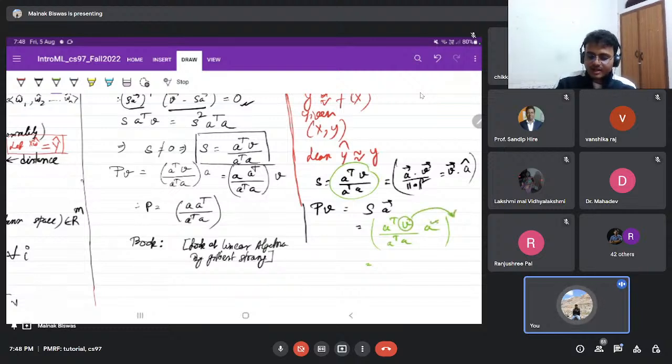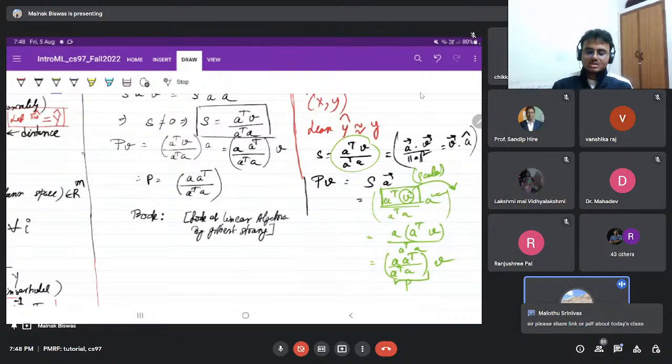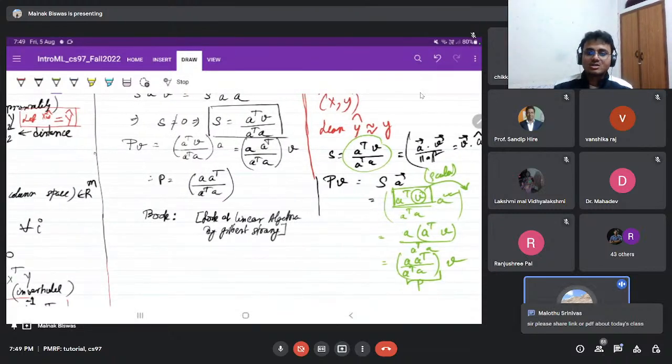Since this is a vector and this is a scalar, this scalar value we can put outside A as well. So this entire box is a scalar. You get A transpose V by A transpose A, then A times A transpose by A transpose A, times V, is your projection variable. If you calculate this matrix and multiply by V, you get the projection along this.